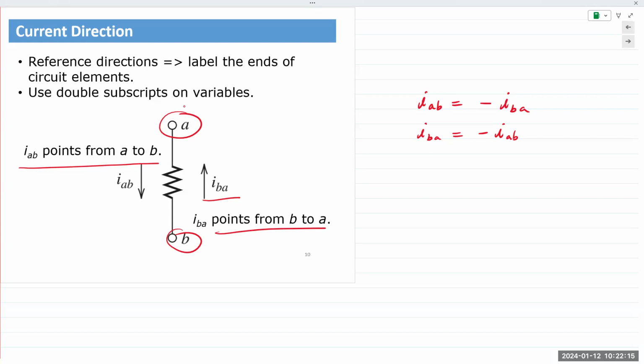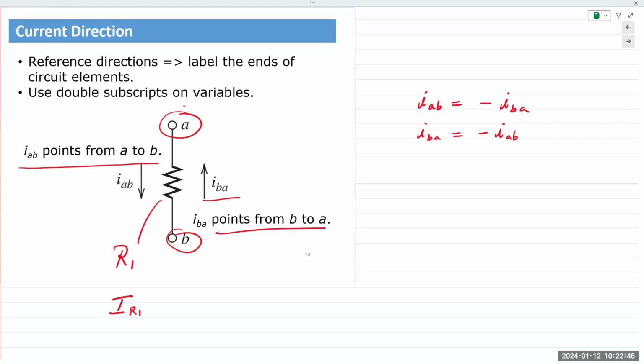You would also sometimes see, let's say this element, which is shown to be a resistor, is known as R1, just as an example. Then you might also see something like IR1. In this case, what is IR1 referencing?